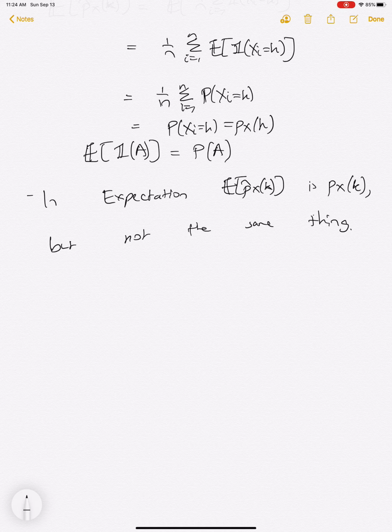And so here, we know that the expectation of the sample PMF is equal to the PMF, but they're clearly different things, because one's talking about what's happening over the whole population, which is the PMF, and one's only talking about what's happening in the sample, which is the sample PMF, which is typically the data that you're presented with.